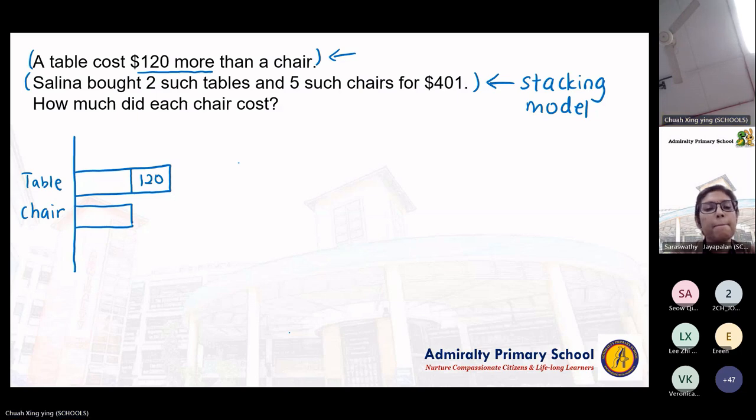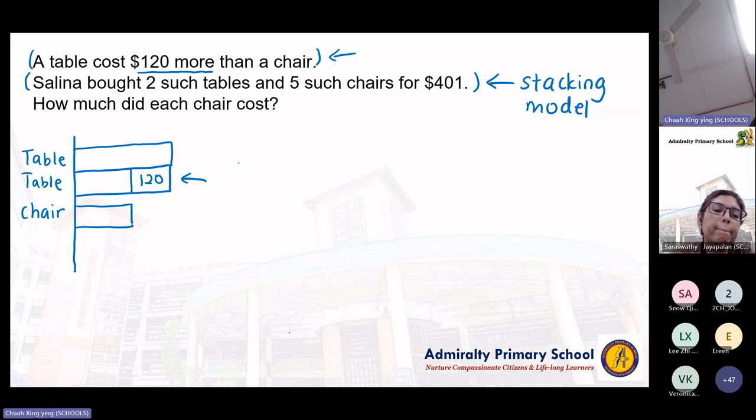Meaning, we use the comparison model to compare the difference in price of one table and one chair, and we stack for the number of chairs and the number of tables. This is one table. So if I am buying 2 tables, I have 2 bars like that. This is my second table.